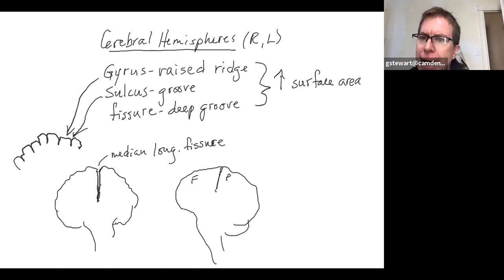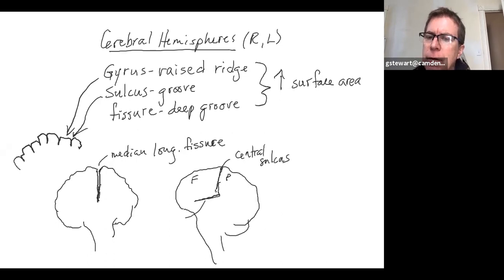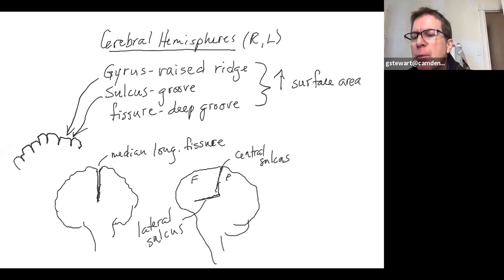And there's something called a lateral sulcus, which runs on either side, both left and right, kind of like this. So I'll label these. This would be called the central sulcus. And there's the lateral sulcus, which basically separates what you and I would call the temporal lobe from the frontal and parietal lobe. It runs this way.